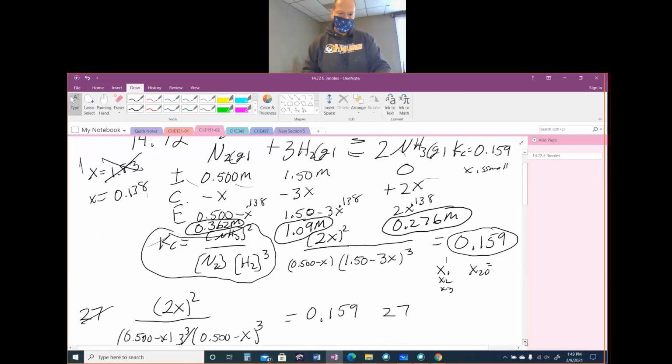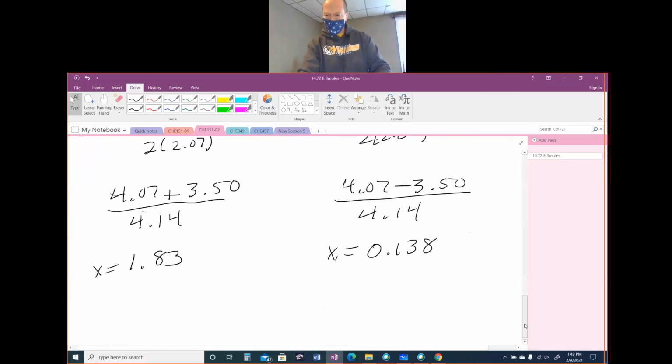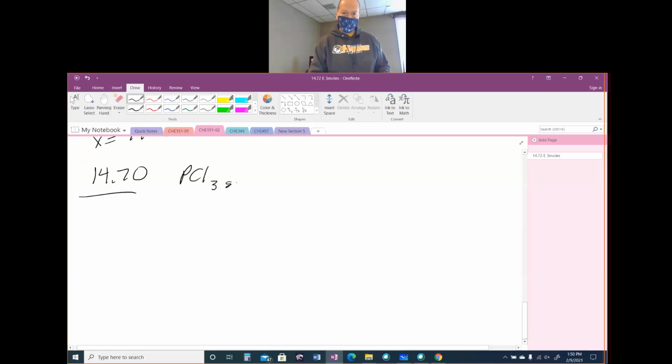All right, so that was the hardest problem in the homework. That was number 72. Let's do 1470. Hard, but not as hard. All right, so in 1470, we have PCl3 gas plus Cl2 gas in equilibrium with PCl5 gas.